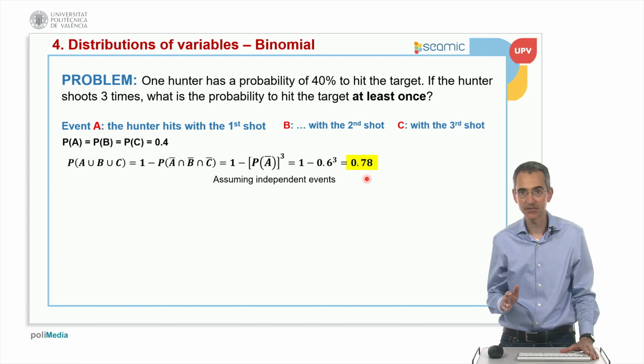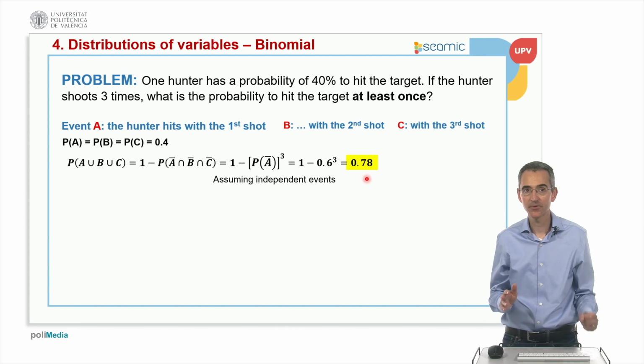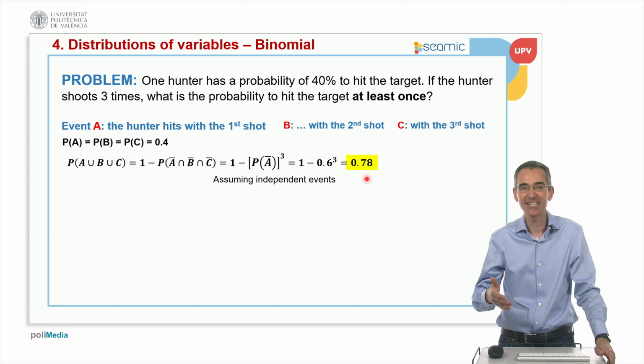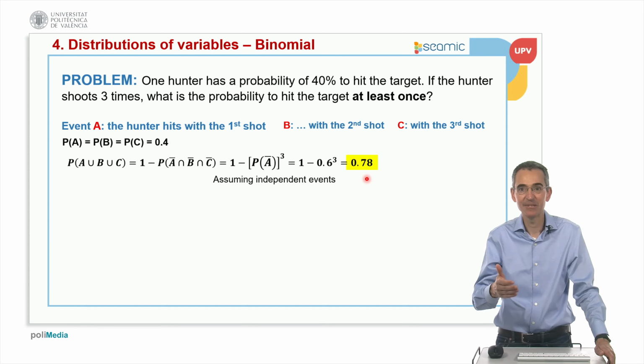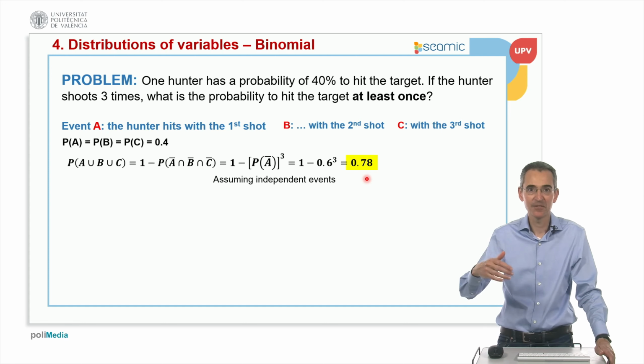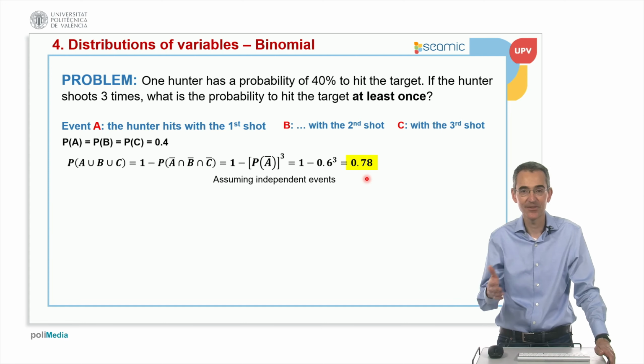What does it mean in practice? It means that, for example, imagine that the hunter takes the first shot and he fails. Maybe in practice he becomes slightly nervous. So imagine that then he shoots a second time, and then imagine that he fails again. Probably he becomes more nervous. So what happens is that this affects the probability of success of the third time.